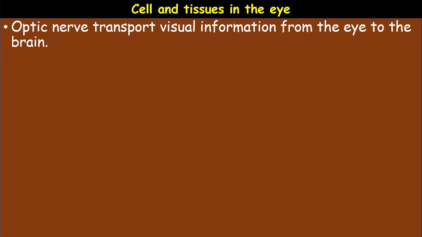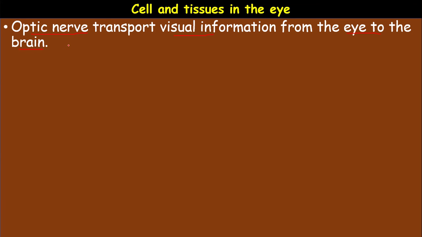The optic nerve function is it transports the visual information from the eye to the brain. Okay. What is the function of optic nerve? It carries the visual information from eye to brain.